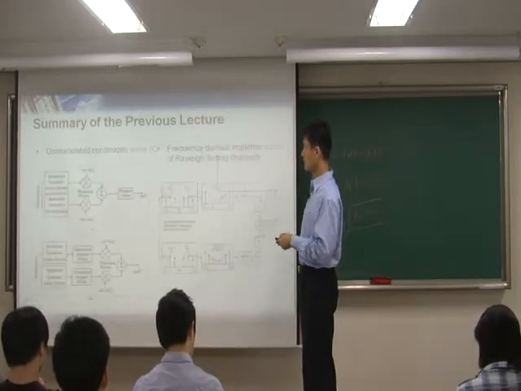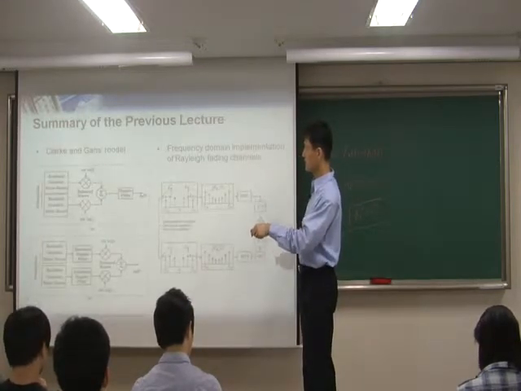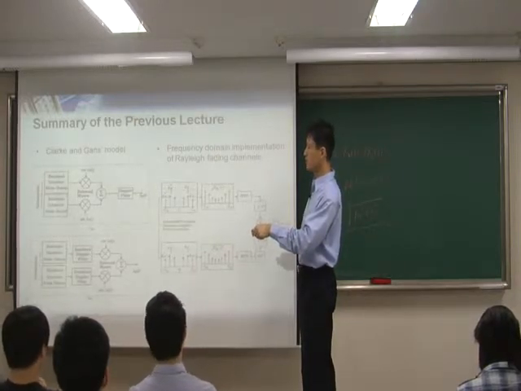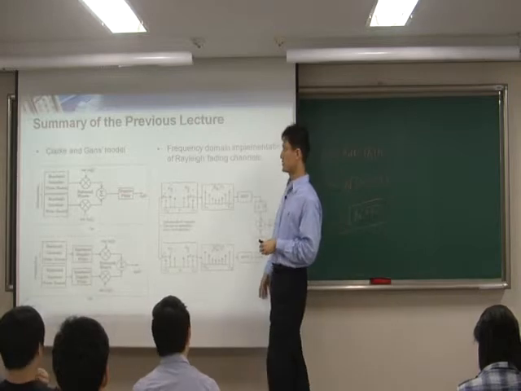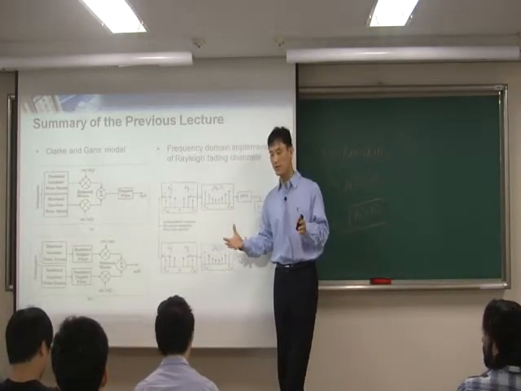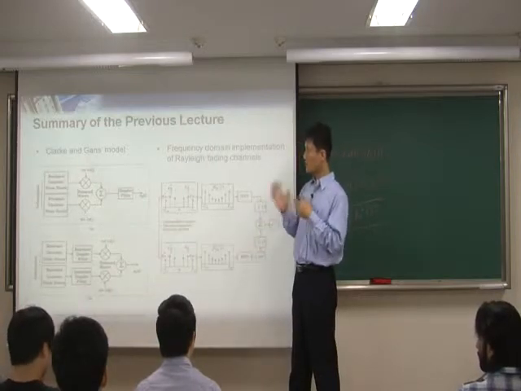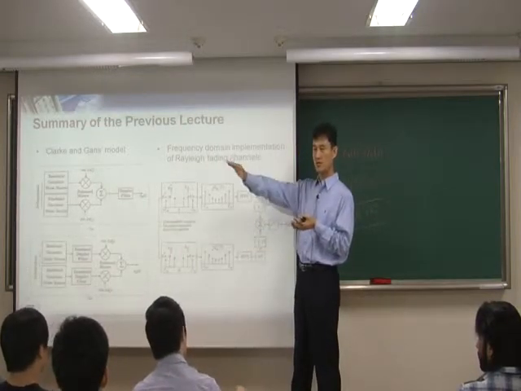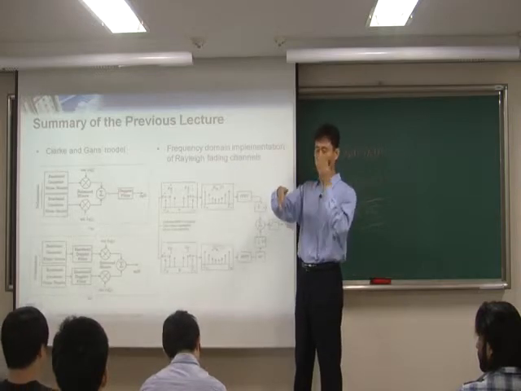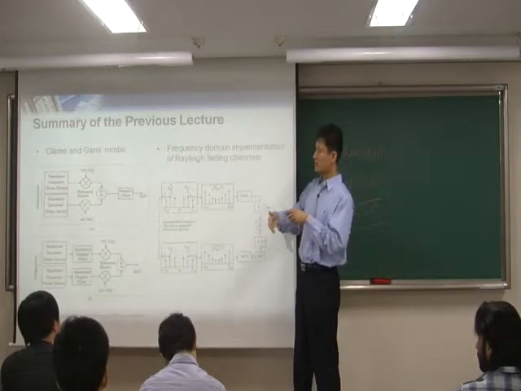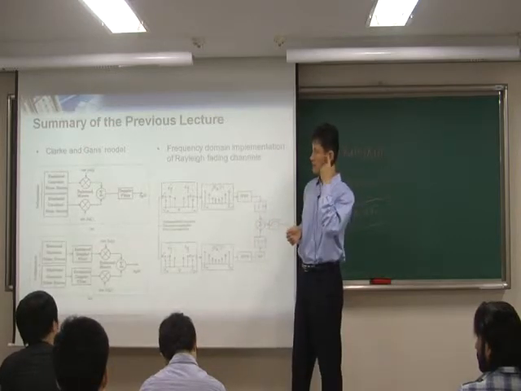Especially here in the Clarke and Gans model, you want to apply the Doppler filter. The reason that we want to apply the Doppler filter is because we are basically simulating the channel, right? In an actual channel, you have a Doppler frequency. Without Doppler frequency, what happens is you have a flat response over time, so you won't see any fading over time. In order to see the fading, you need to have a Doppler filter.